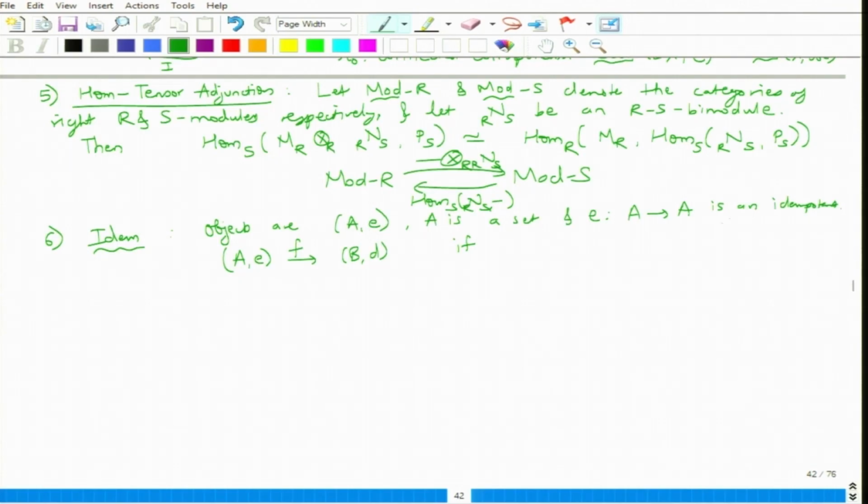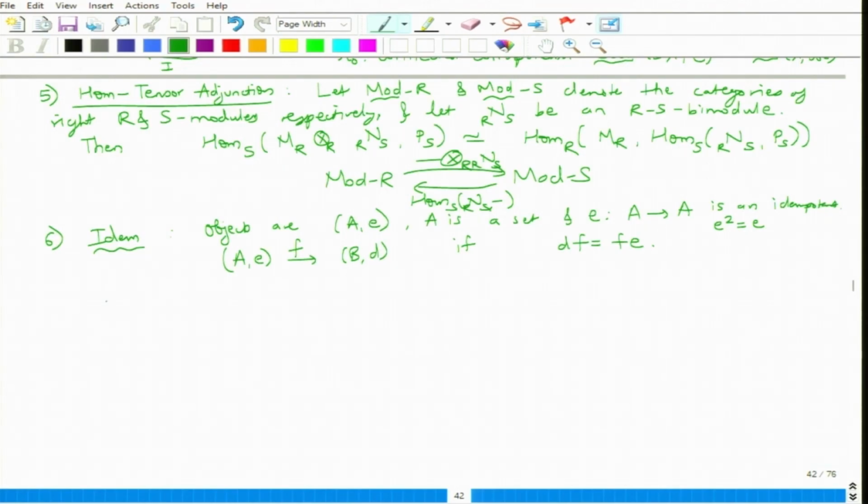That means E squared is equal to E. So a morphism is simply a set function which satisfies certain properties, namely D f should be equal to f E. Any set function which satisfies this property is a morphism in this category.